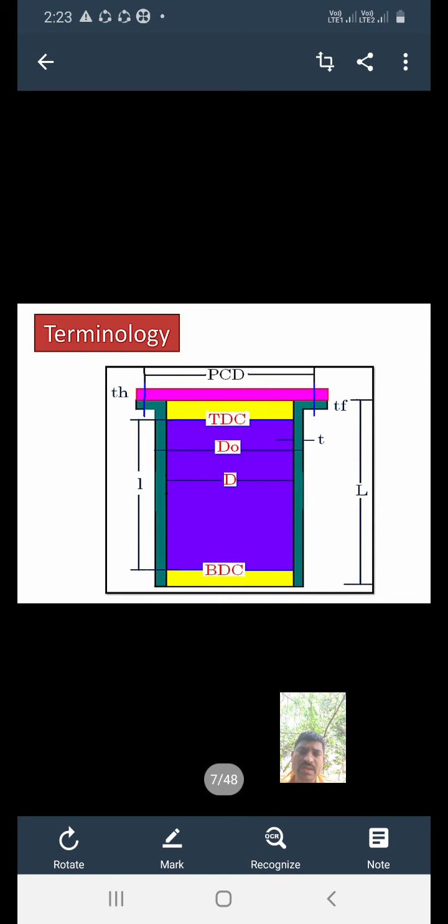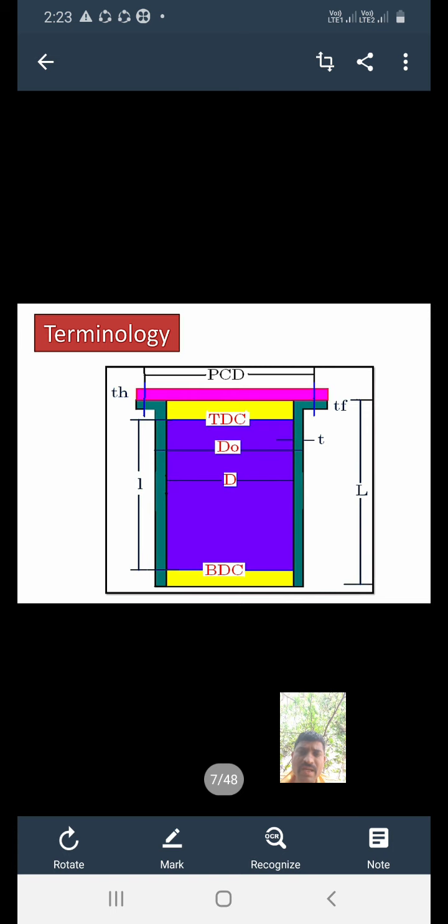Here the cylinder bore diameter is D and stroke length is given as L. Then thickness of the cylinder wall. We consider here the thickness of the cylinder wall is T. Then thickness of the cylinder flange, TF is denoted as the thickness of the cylinder flange.